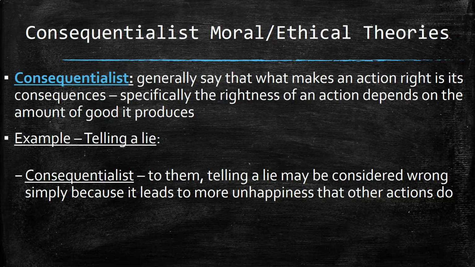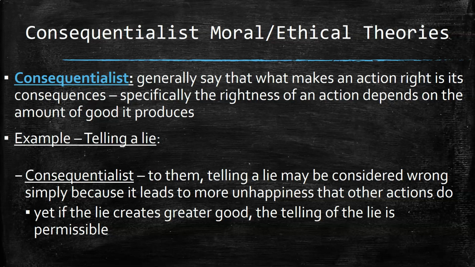If it's going to make them better to lie, which, again, is questionable, that's what it's looking at. But it would also say even bigger lies, not just what maybe you and I think of as a white lie, a tiny, seemingly harmless lie. If the lie creates good, then telling a lie is permissible. That's what it's going to say.